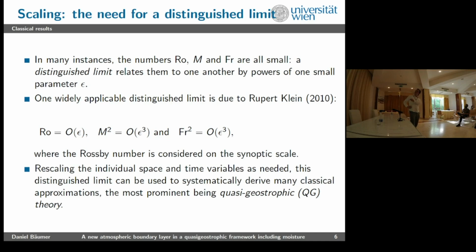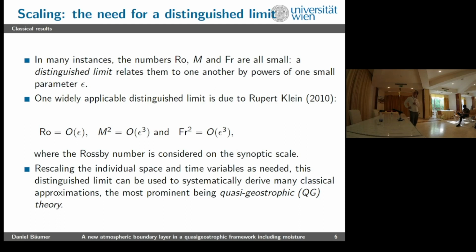And this is a limit that is due to Rupert Klein. He introduced it actually a few years earlier, but in this review article in 2010, he summarized all the characteristic features and presented it in the form that we use today.